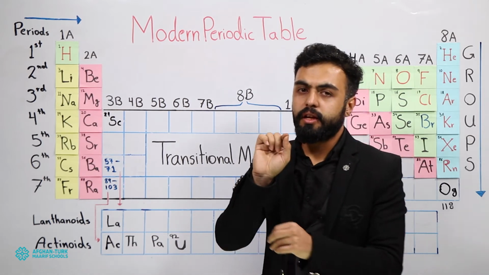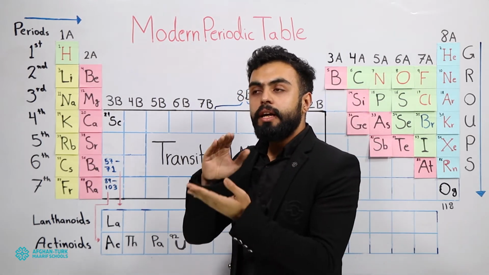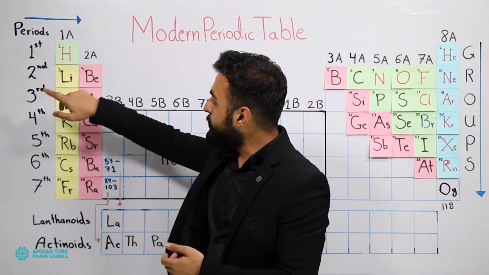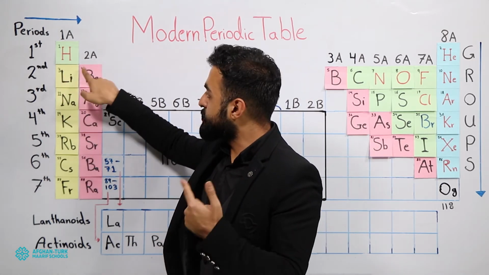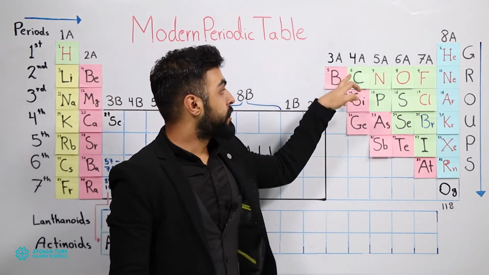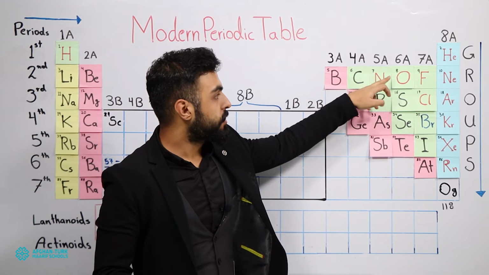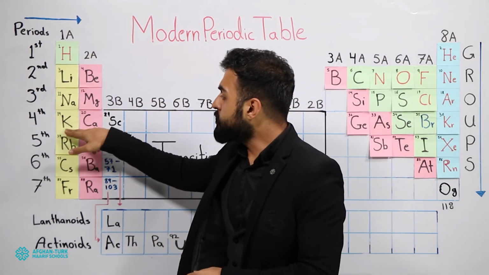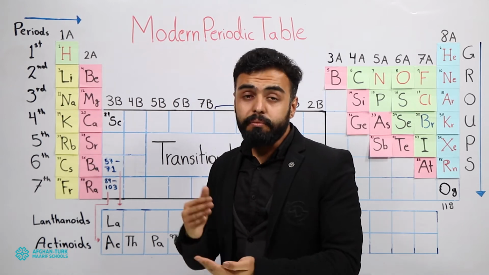Here is a point. We say that they are arranged according to the atomic number. For example, lithium is number 3, the next one is number 4, the next one is number 5, carbon is number 6, and the other ones are the same. The fourth one is called a long period.